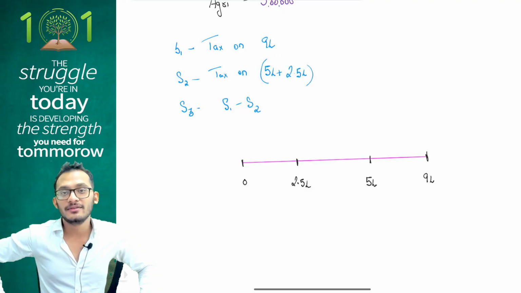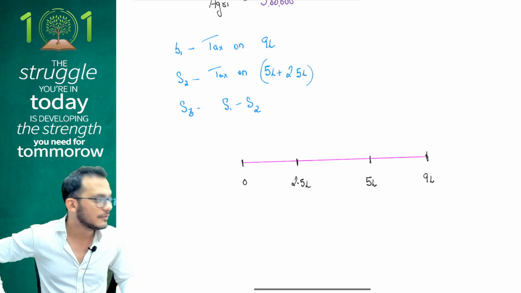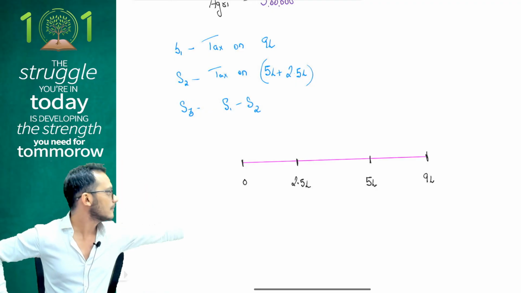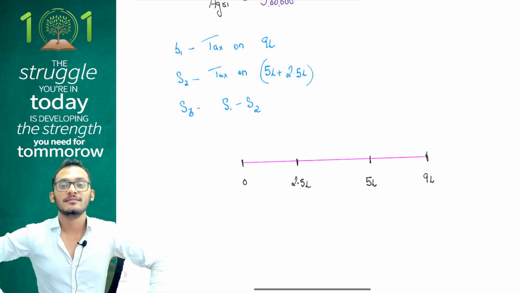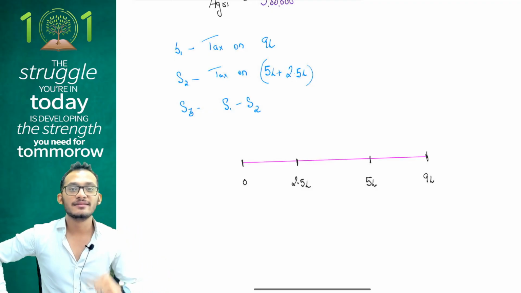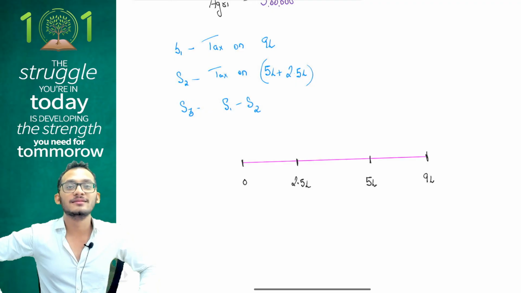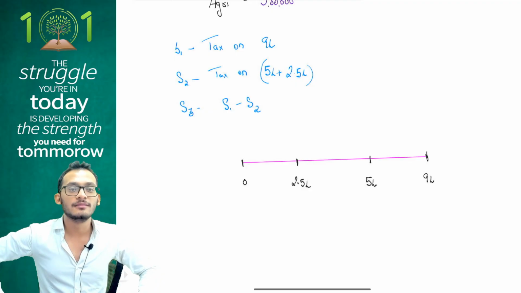So income tax went with a smart game. Income tax said, okay, you want 5? You take 2.5. You take the first one. State was like, no, I will not take the first one because that's a basic exemption limit with the tax of 0.